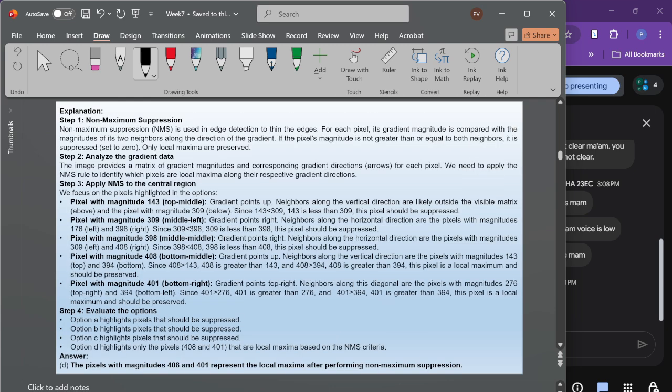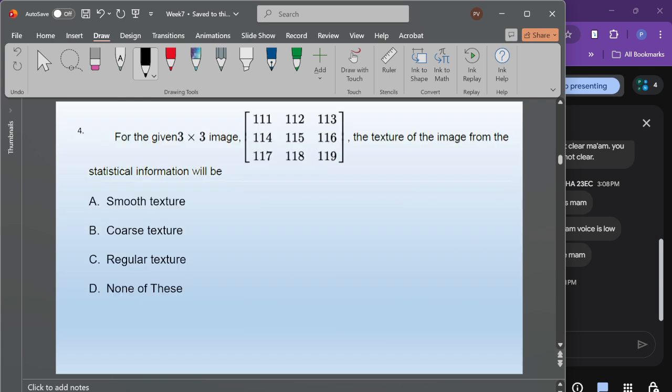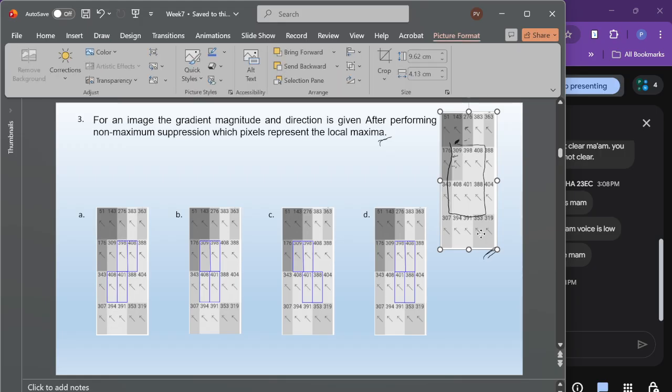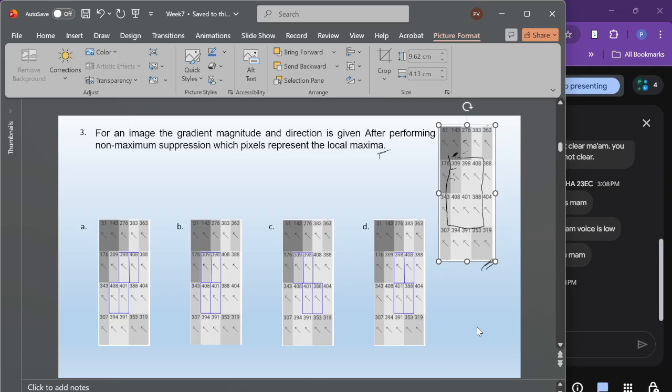And the pixel with the magnitude 309, that is below here, this one we will compare. Just a minute, I can copy it and put it in the next slide so that we are able to check.